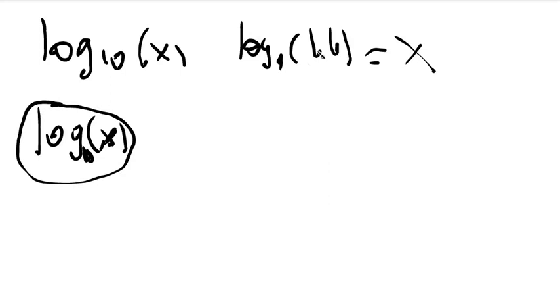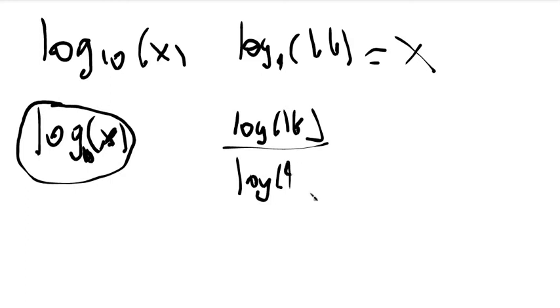You have to use the log base 10 in this case. The way I do it is log base 10 of 16 divided by log base 10 of 4 is equal to 2. And it works. You could try it out for yourself.